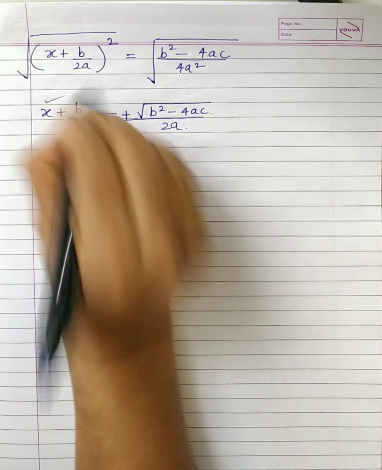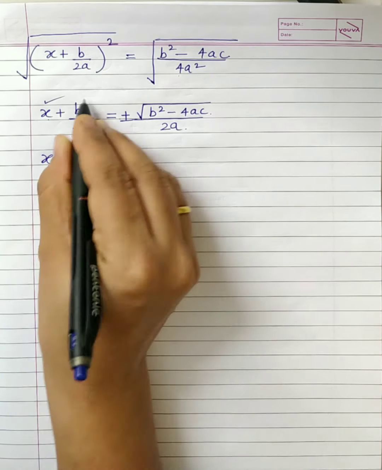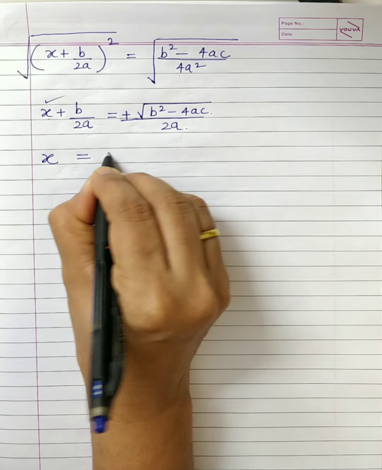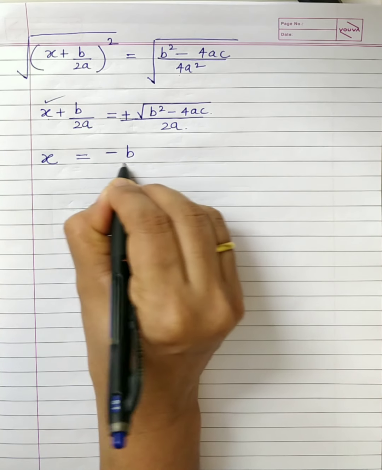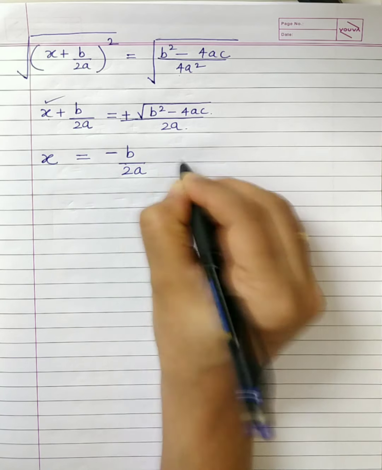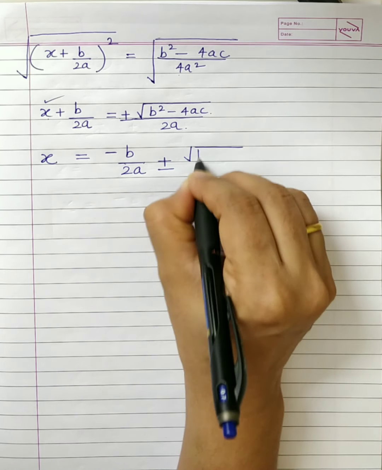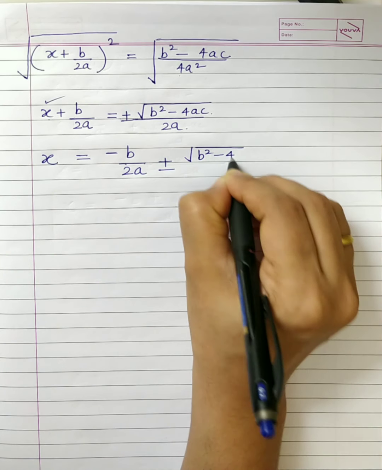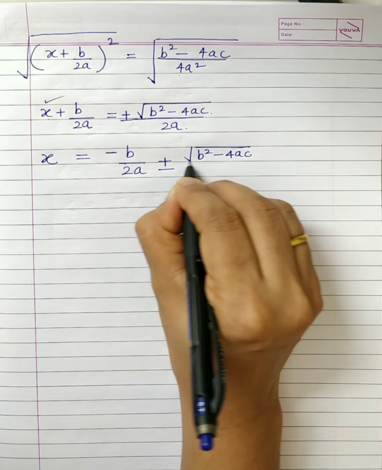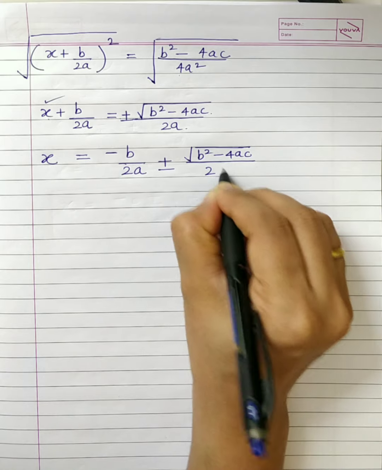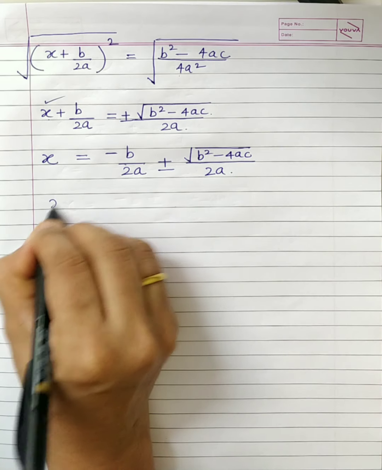Now we need to know the value of x. Shift b upon 2a to the right hand side. What will it become? Minus b upon 2a plus minus under root b square minus 4ac, this also whole divided by 2a.